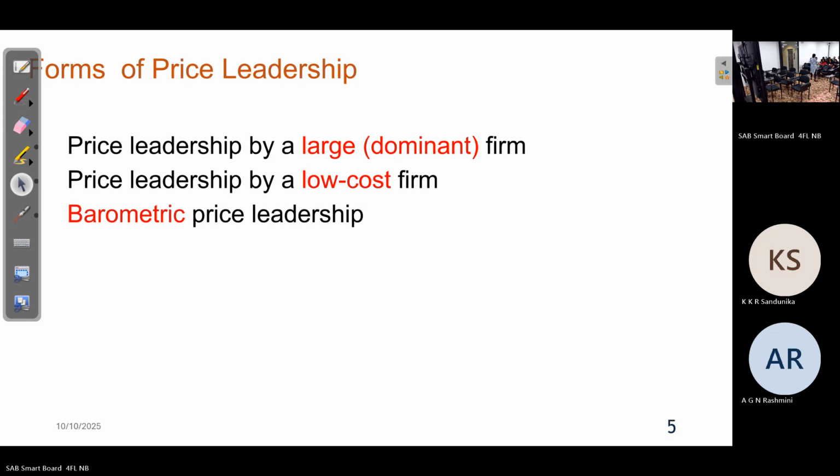Okay. Any other? Come on, examples. SLT in telecommunication. They have the largest market share. How about the lowest cost? Rice providers, okay, they have the largest market share. Any example for lowest cost?